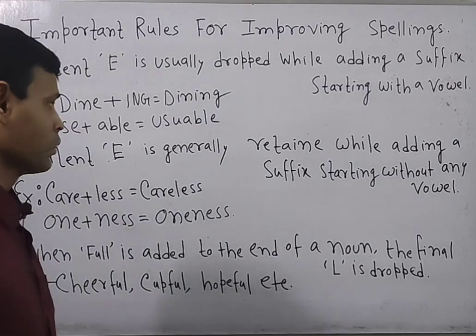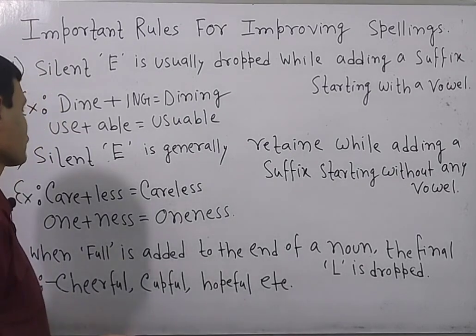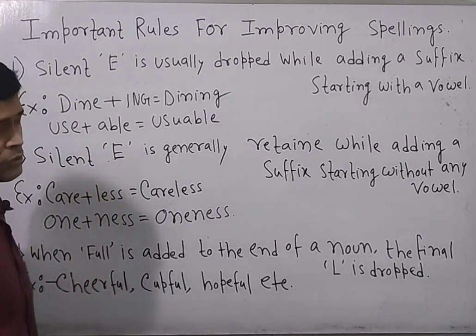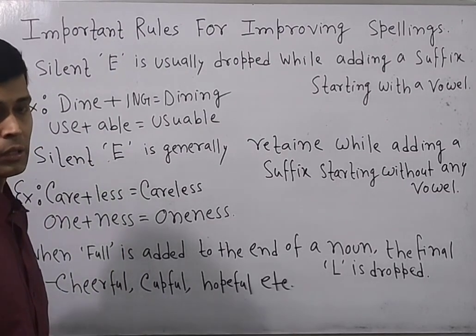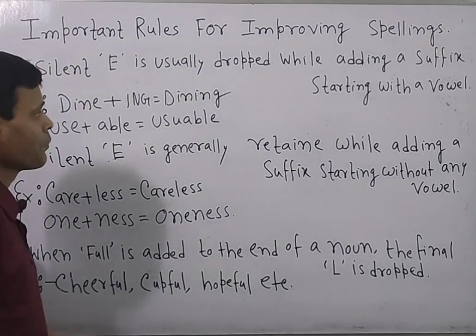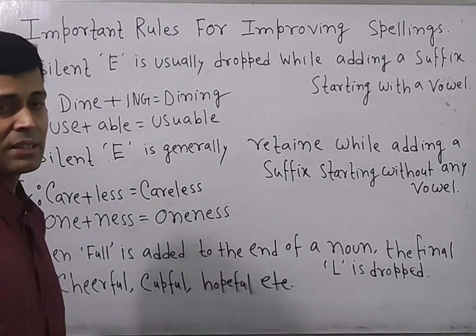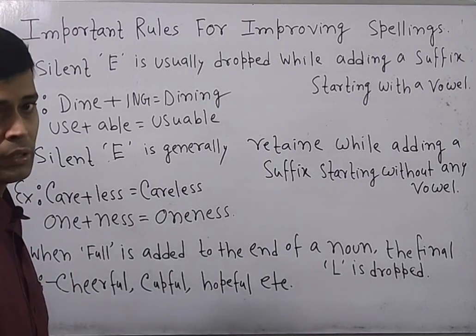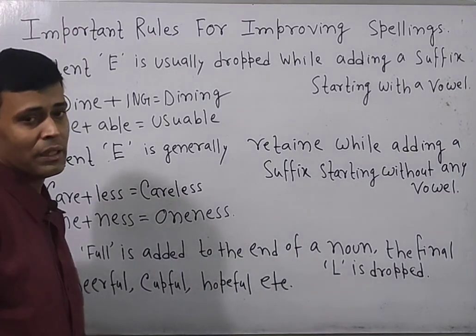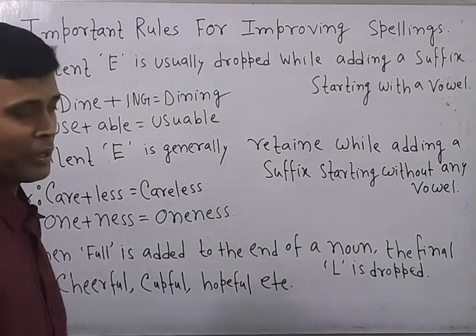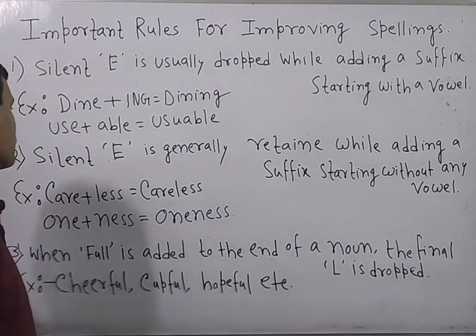If we go through another example, usable. Here E is also omitted. So whenever any word ends in E, and you add a suffix starting with a vowel, that E will be omitted from the word.